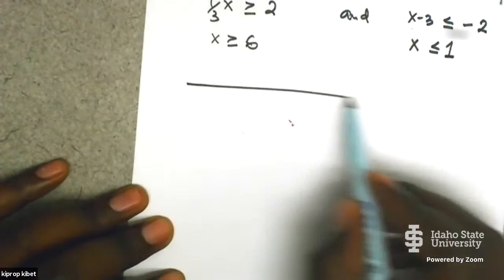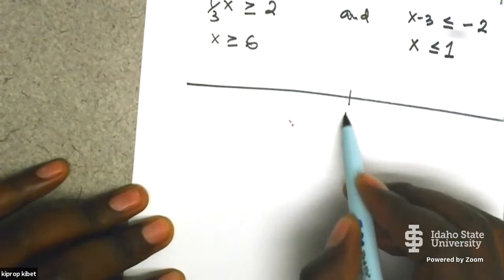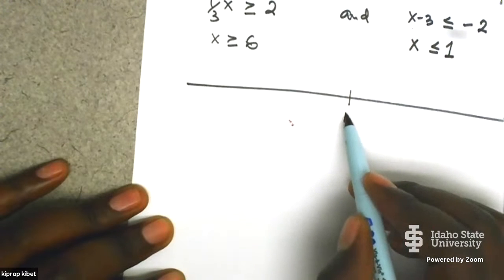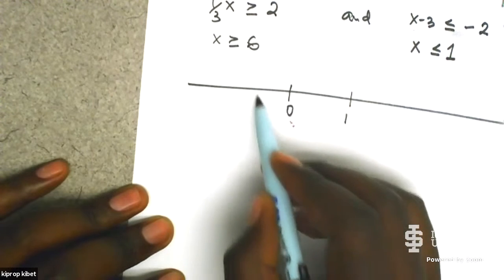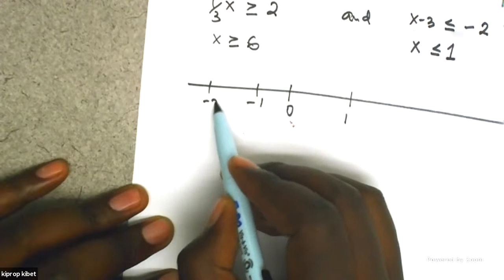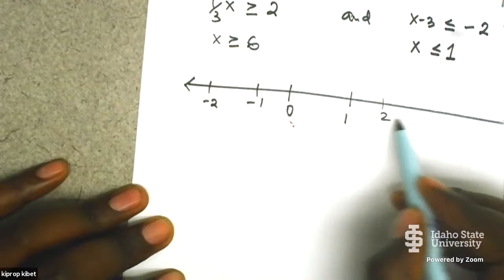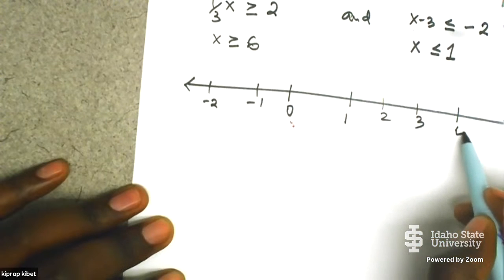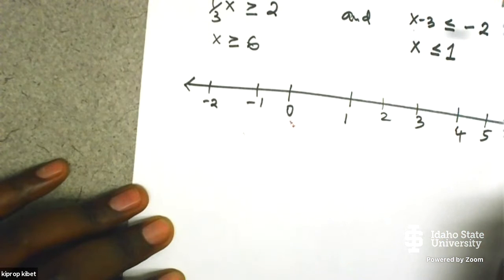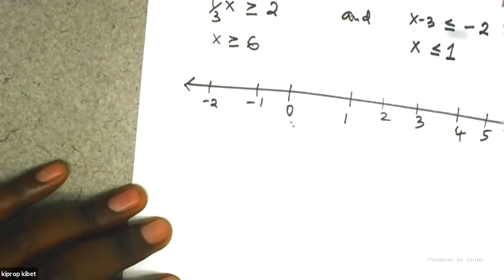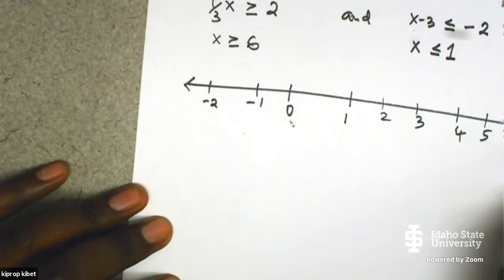Now, come to the number line. Let's say 0 here, -1, -2, continue like that. So 1, 2, 3, 4, 5, 6 that way, or maybe there is a 7.